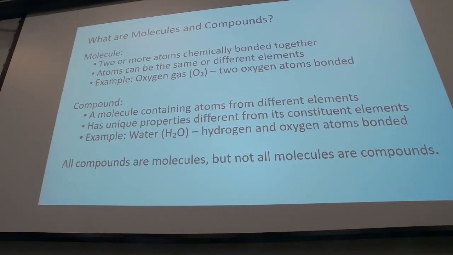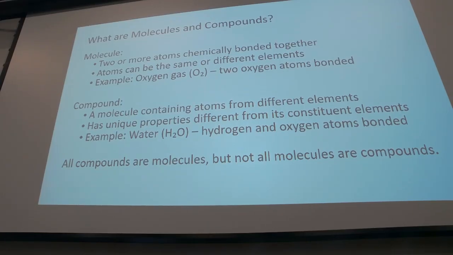A molecule is defined as two or more atoms chemically bonded together. In the case of elemental oxygen, it's a gas. You have two oxygens bound together. It's O2. So that's an example of a molecule with atoms of the same element.